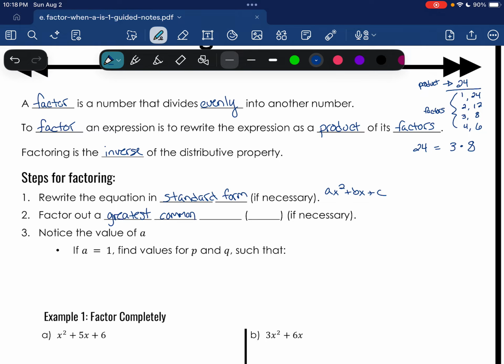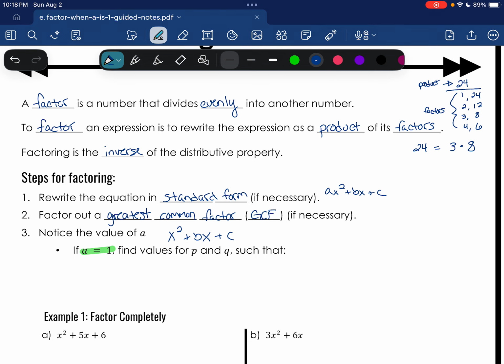And then we're going to notice the value of A. Again, that's that leading coefficient. So if A is equal to 1, so our trinomial is something like this now, where we can write it as x squared plus bx plus c, we want to find values for p and q such that the following is true.